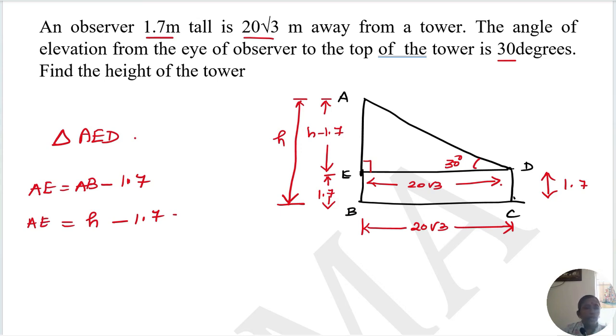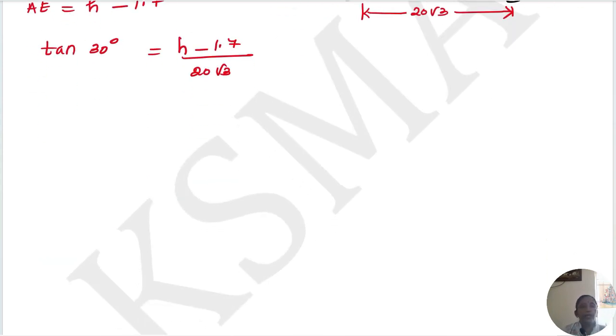And in your triangle AED, considering tan 30 is equal to the opposite side H minus 1.7 divided by the adjacent side 20 root 3. So you can calculate your H value by doing the cross multiplication. Tan 30 is 1 by root 3. So now do your cross multiplication.